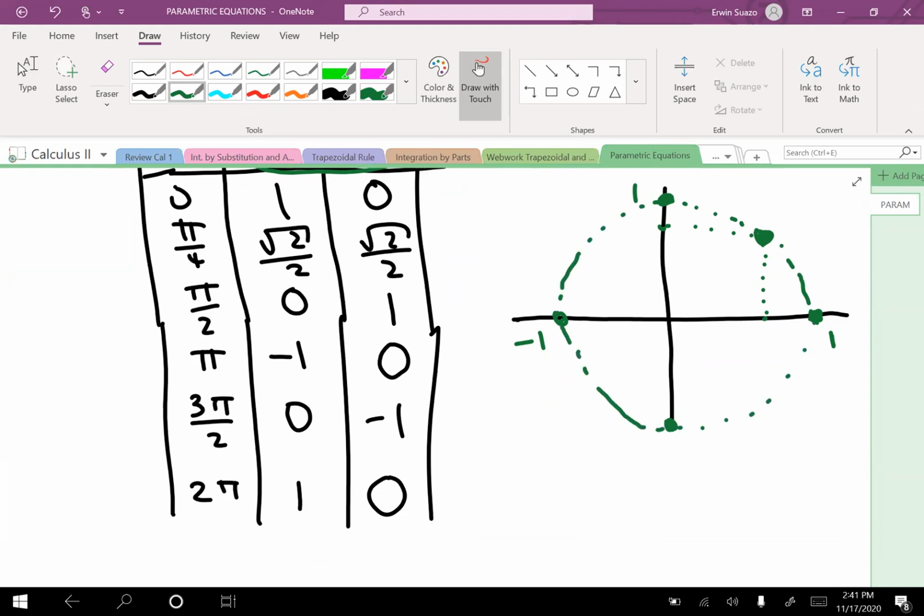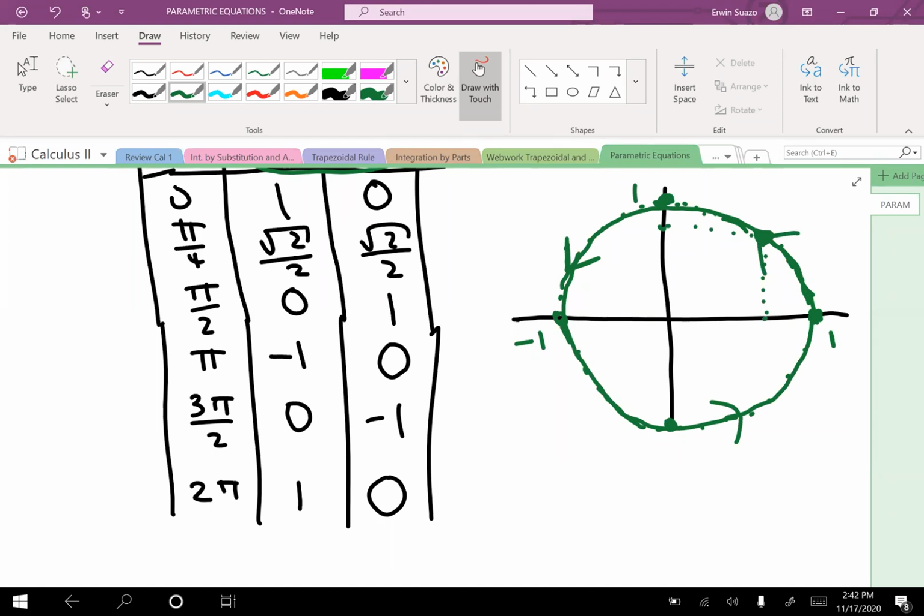But now this is important. This is a circle, but the particle is moving against the clock. Okay. So my particle is moving in this direction. That's something very important.